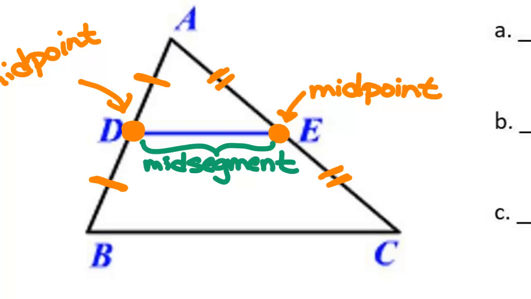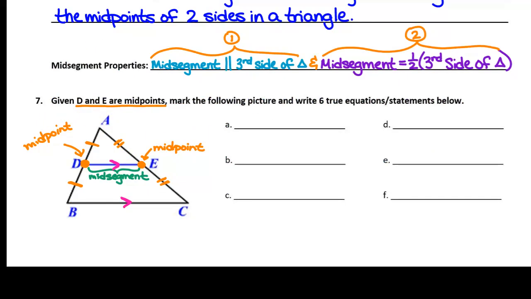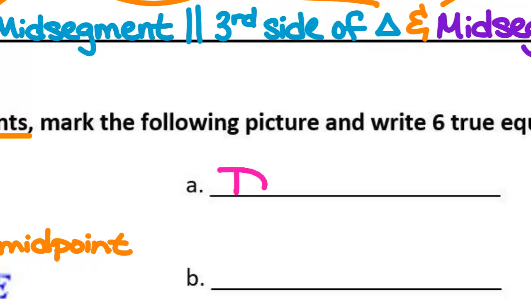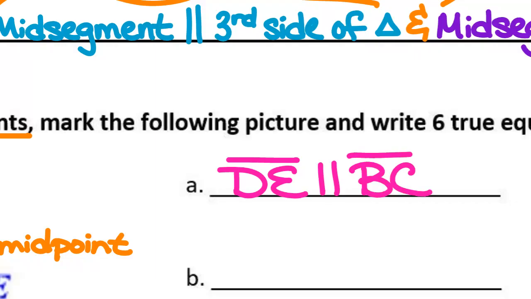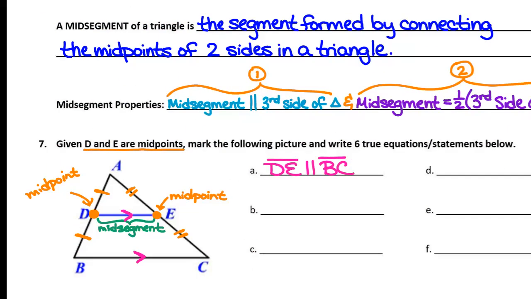And it is parallel to the side that it does not touch, BC. That's actually the first thing that I'm going to write down. Segment DE is parallel to segment BC. That came from our first property up here.